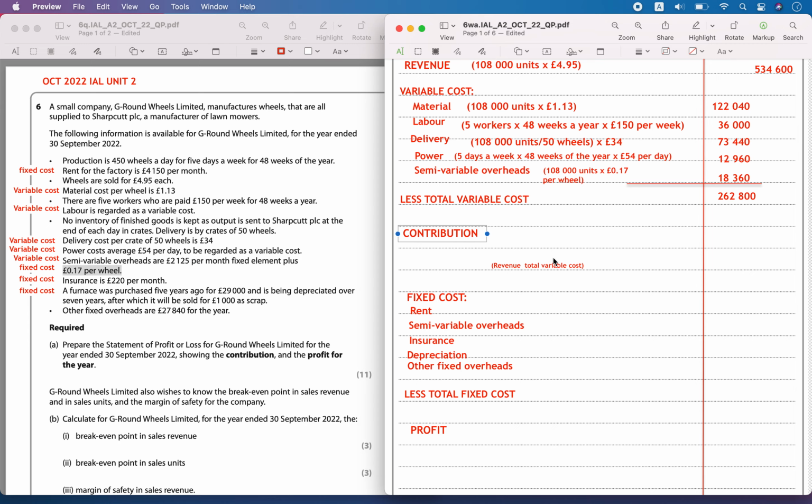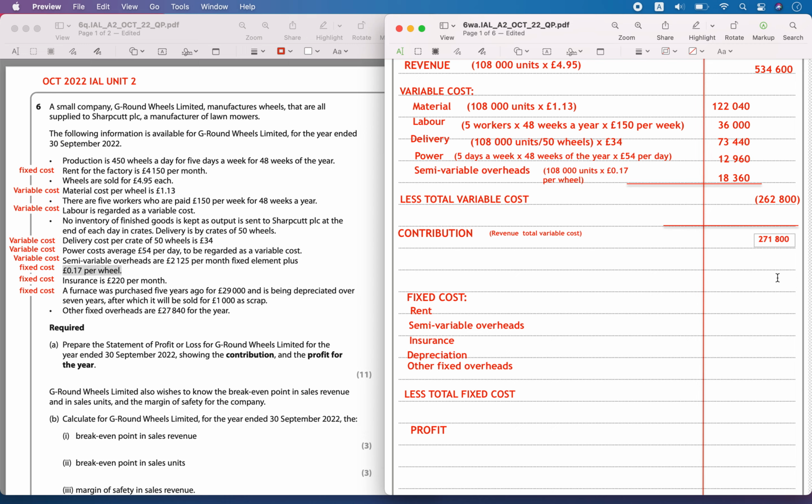Okay, now we have to calculate the contribution. Contribution is nothing but the revenue minus the total variable cost. So 534,600 minus 262,800, that is 271,800.